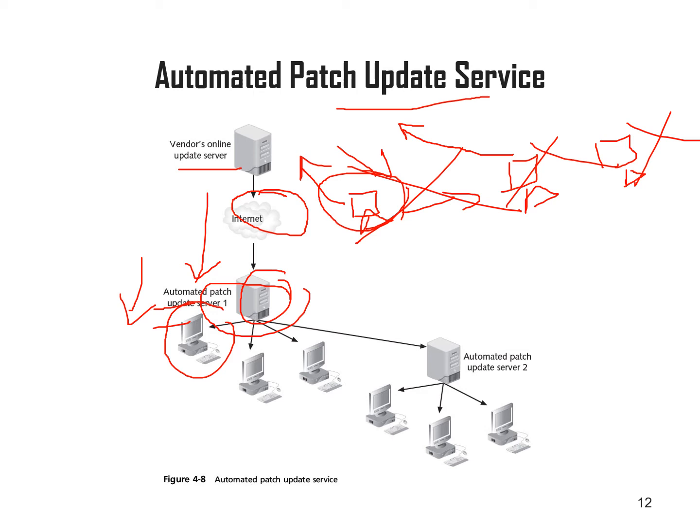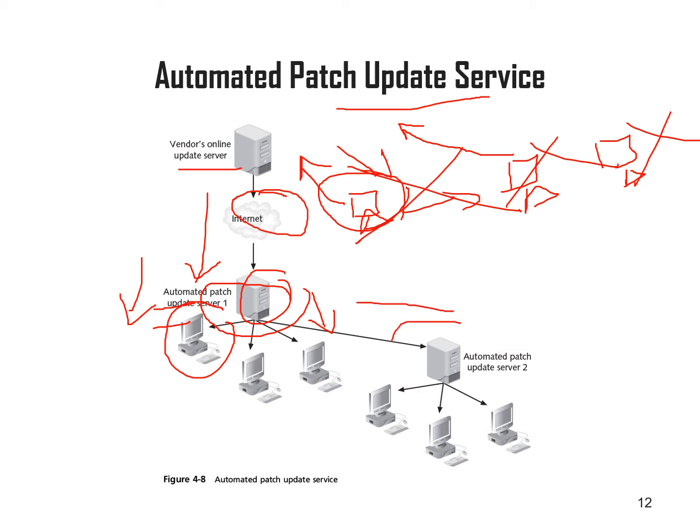If it creates a problem, then I can avoid that particular patch. If it is not creating any problem and is really needed for my network and systems, then I can pass it to the next system to install the operating system patches.